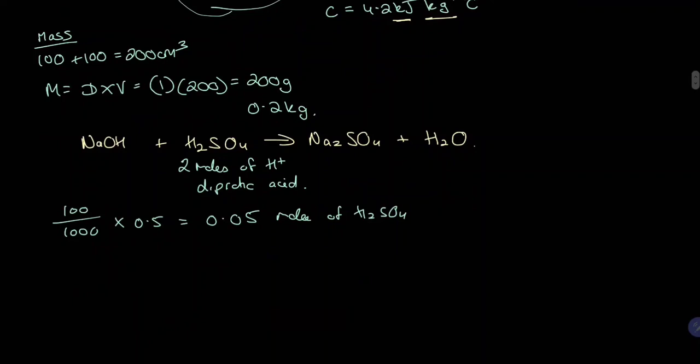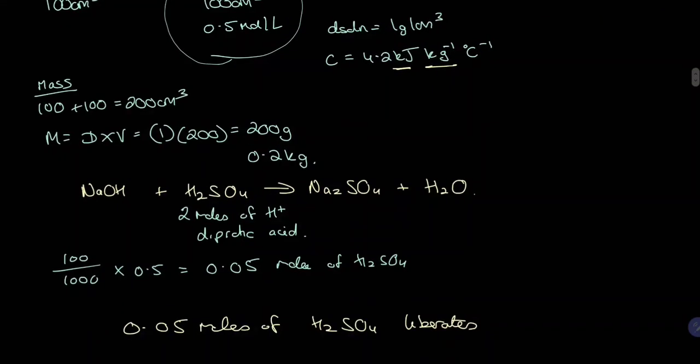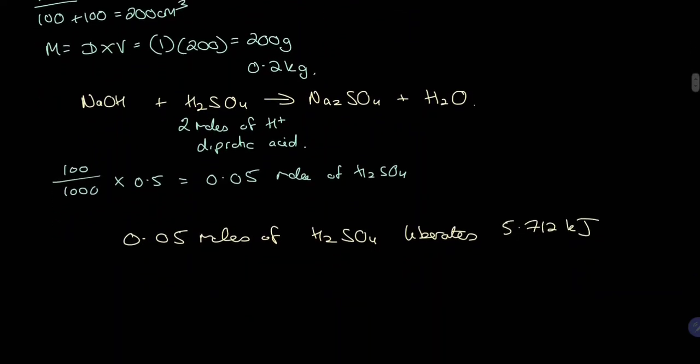So I can now say 0.05 moles of H2SO4 liberates what I worked out up here, 5.712 kilojoules. I can work out what 1 mole liberates now by dividing both numbers by the 0.05.